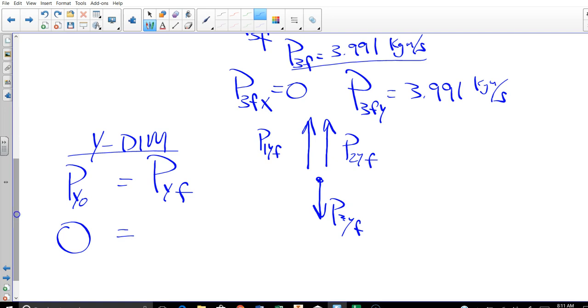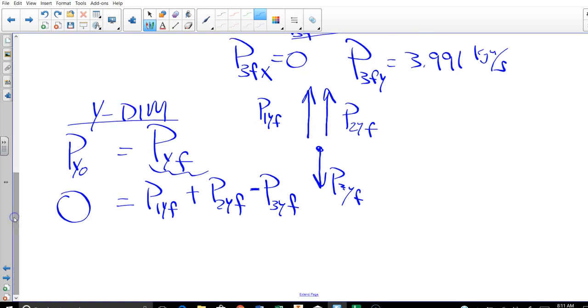So this expression is going to be the combination of all 3. Now the question is, what should I do about that negative? I'm going to put it in as a negative eventually. So we'll do this, minus P3y final. So the final momentum in the y consists of those 3, 2 up and 1 down.